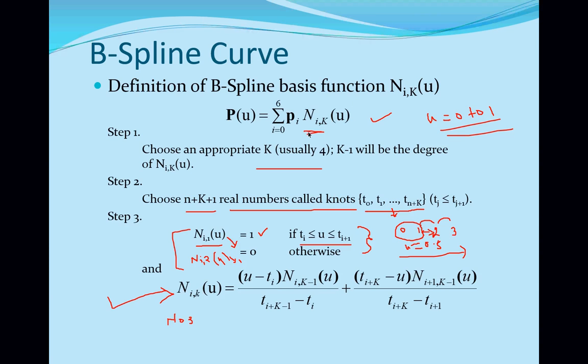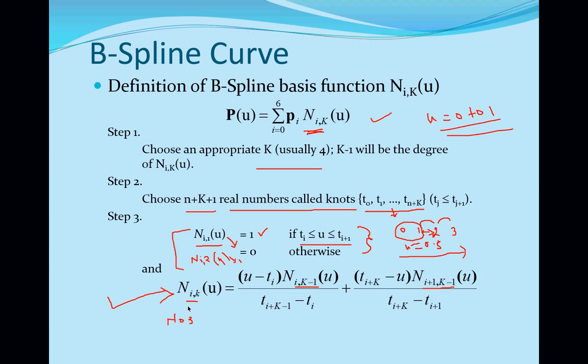Here you can see N i k, so I need N 0,3. N 0,3 is not available directly, so I need to go back to N 0,2, N 0,1 and then N 0,0, and then I have to come back. If you see carefully, N 0,3 depends upon N 0,2, it depends upon N 1,2, but now I don't know N 0,2 and I don't know N 1,2, so I try to find them out.